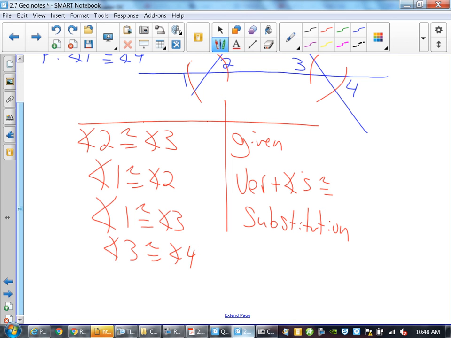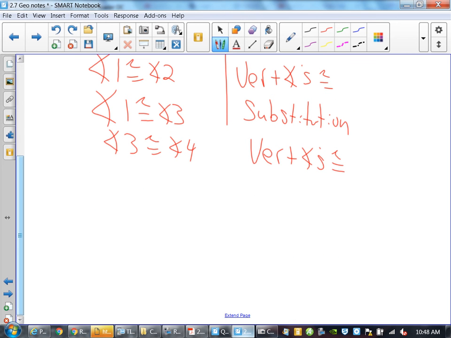Because they're vertical. And then again, why can I replace the 3's? Substitution. Look how my numbers are written out though: 1, 3, 3, 4. So what happens when it's patterned like that? We don't use substitution. We use the transitive property.